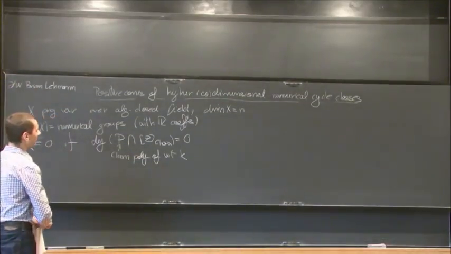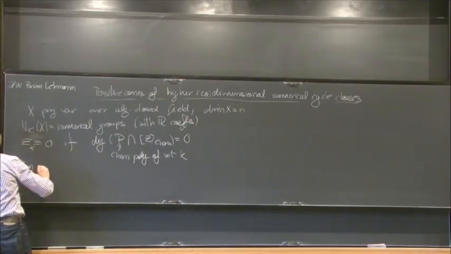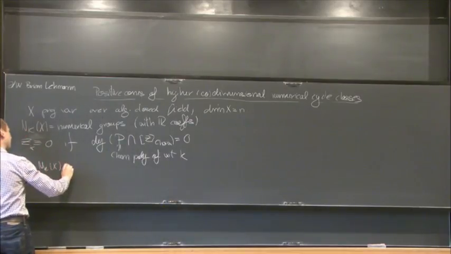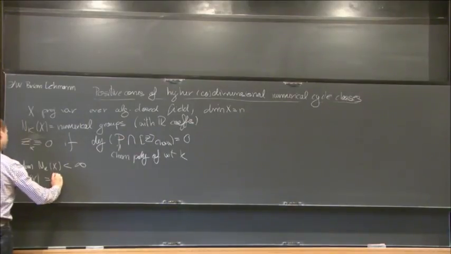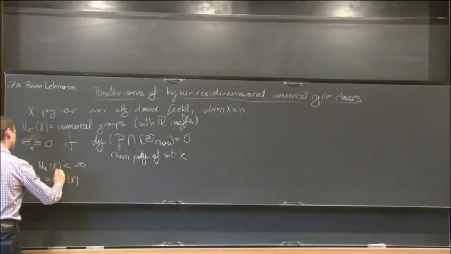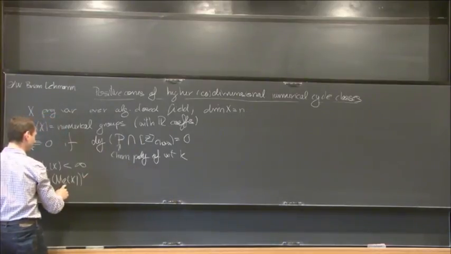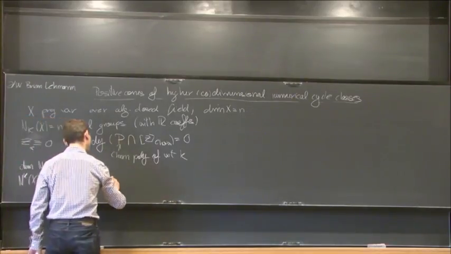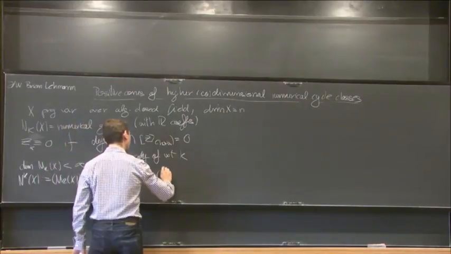OK, so what do we know about these guys? We know that they are finite dimensional. It's also useful to look at their duals. And where these guys are classes of cycles, if you look at this definition, you can think of elements here as classes of Chern polynomials.